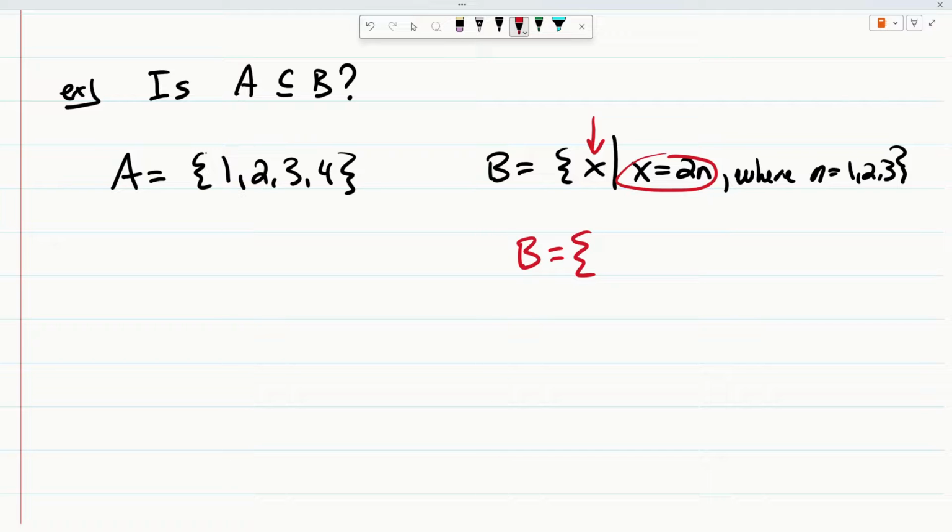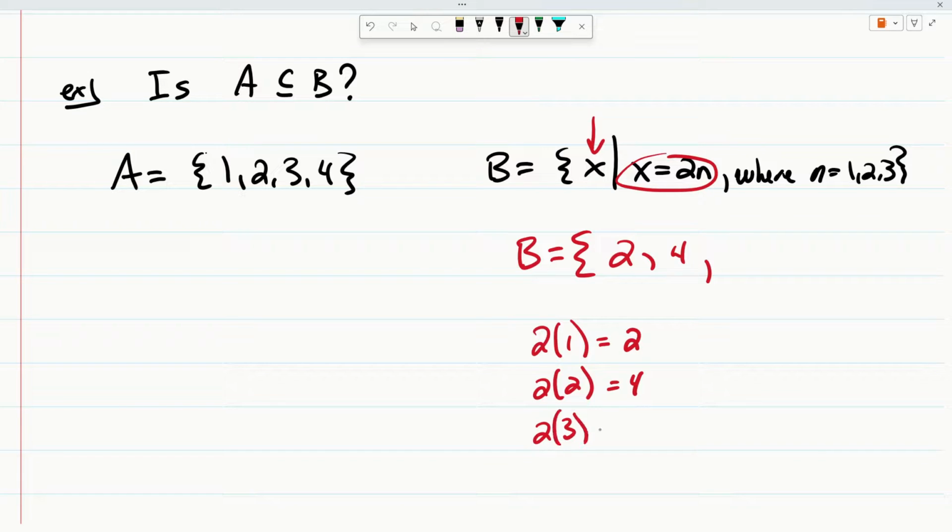And I know what n is. n is going to be 1, 2, or 3. So all I'm really asking you to do is just take 2 times 1, which is 2. 2 times 2, which is 4. And then 2 times 3, which is 6. So set B is nothing more than just {2, 4, 6}. That's it.